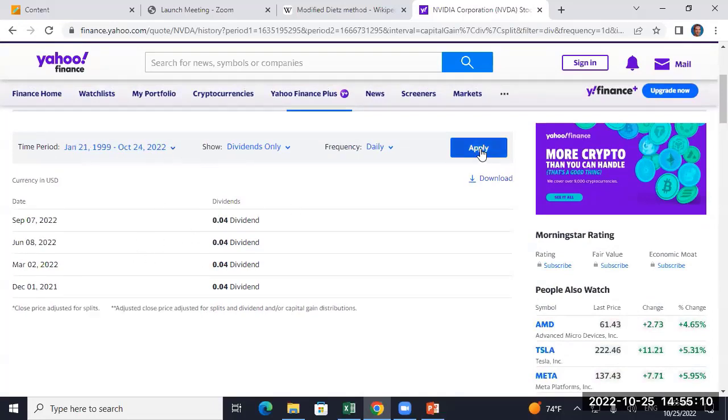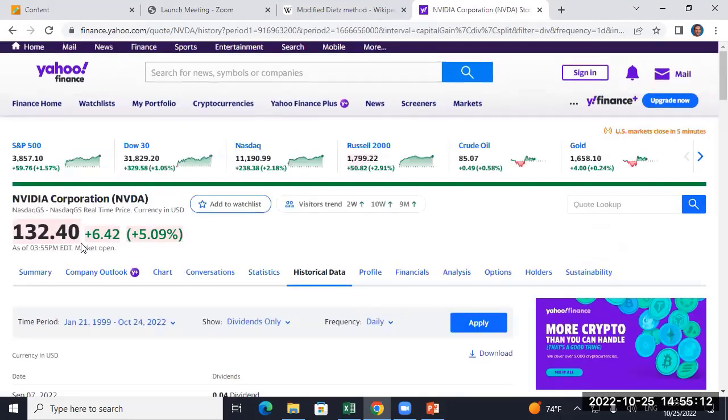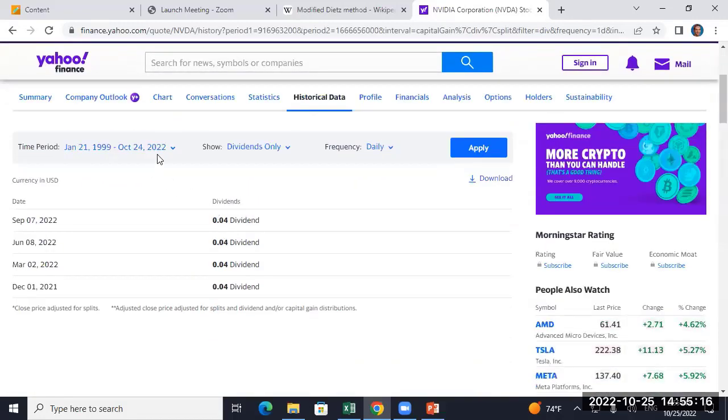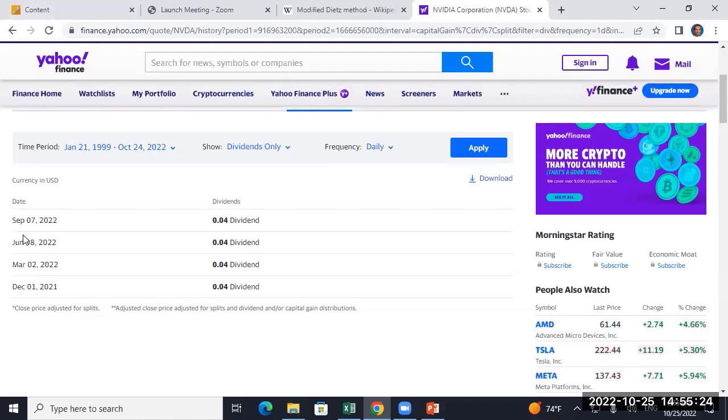You have to wonder, why does a stock trading for $130 even bother to pay a 4-cent dividend? Why waste your time? But they did. September 7th, they paid 4 cents. June, they paid 4 cents. So remember that, September, 4 cents. That's the ex date.